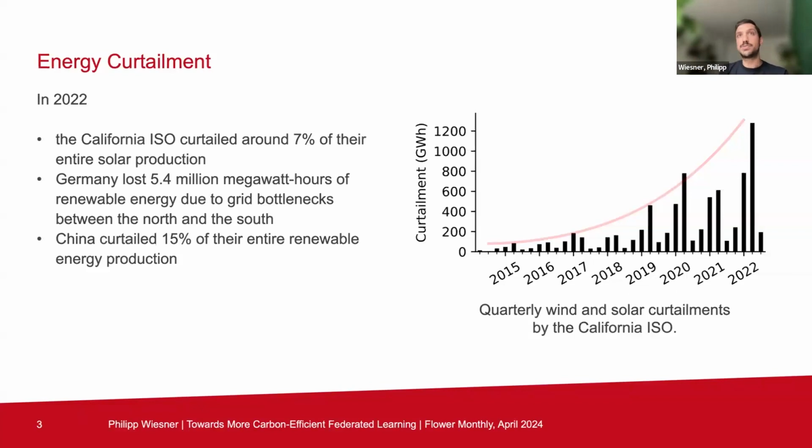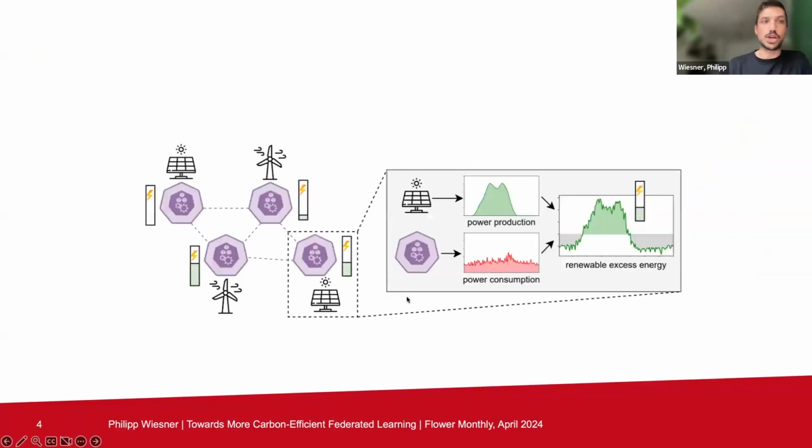We're now applying this to data centers, and particularly to federated learning, because it turns out that federated learning is a very interesting use case for this. Not only is it a very energy intensive task, it's also spanning over time, so we have this time axis to schedule on, and it's geographically distributed, often even globally distributed. So we also have this axis.